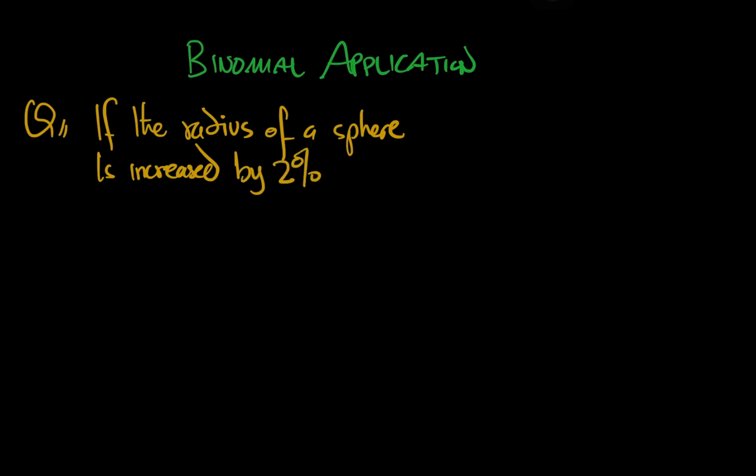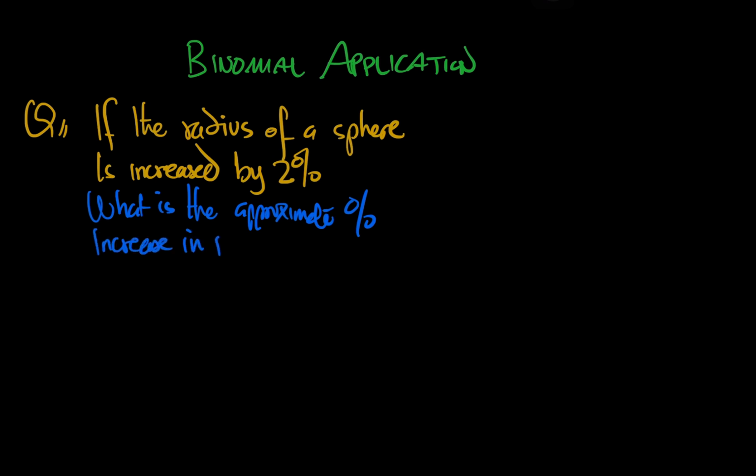What is the approximate percentage increase in its volume? So basically, the radius goes up. You want to find out how does it impact the volume? Does the volume go up, and if it goes up, by how much?